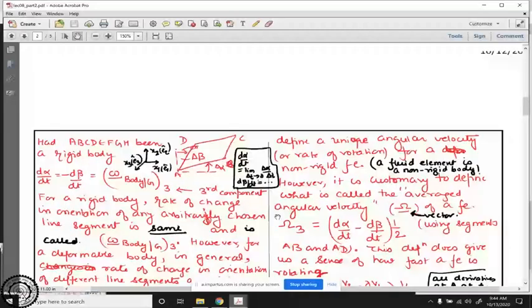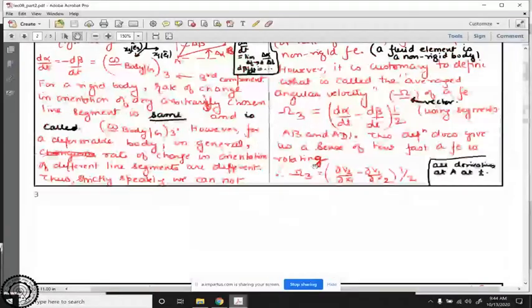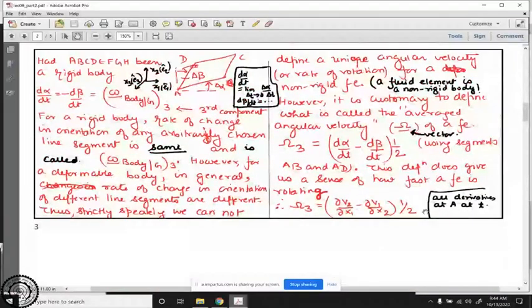Now if I use this expression from the last slide, delta alpha and delta beta, and plug these in, this newly defined quantity omega 3 turns out to be del v2 del x1 minus del v1 del x2.